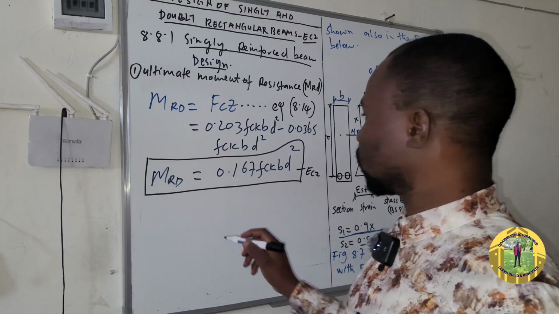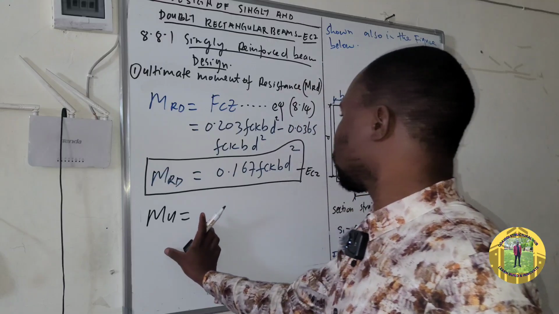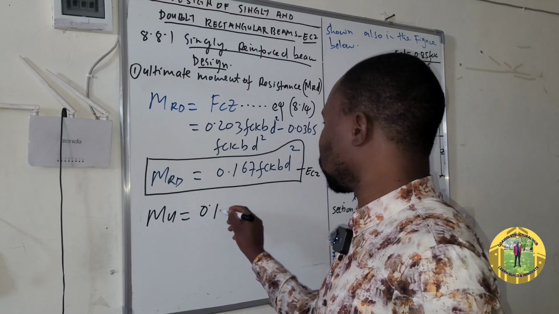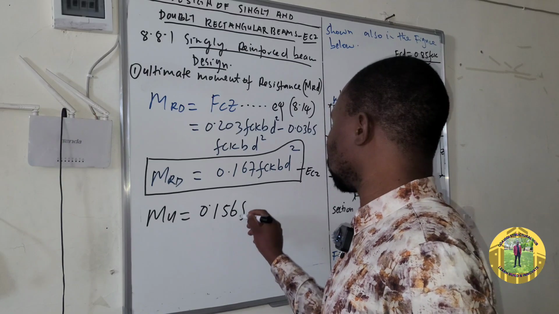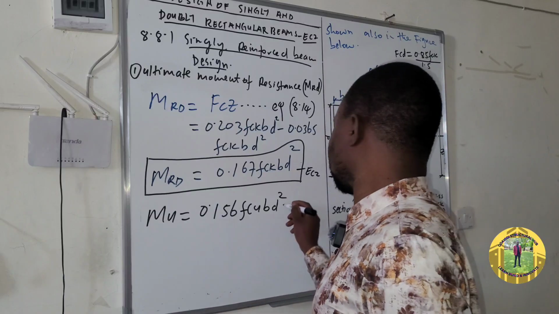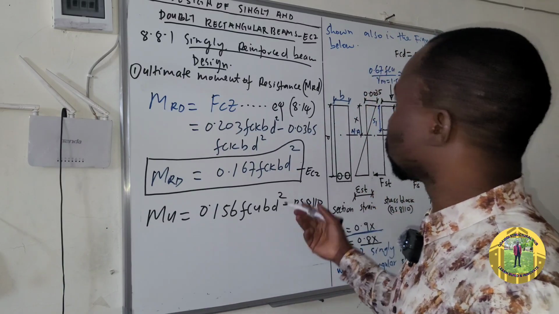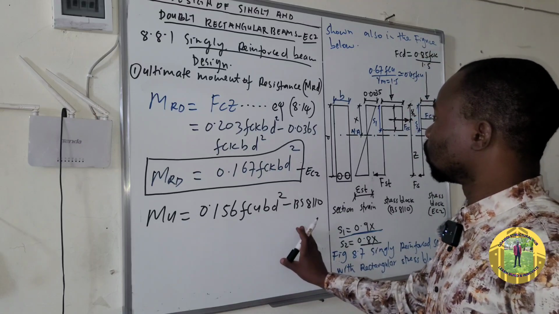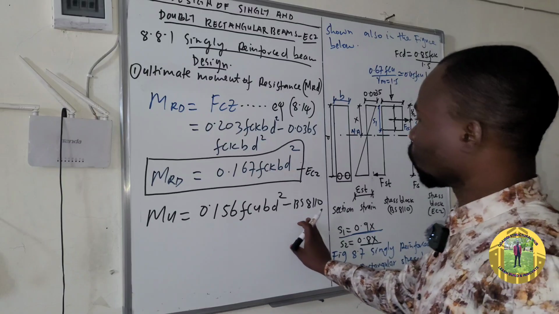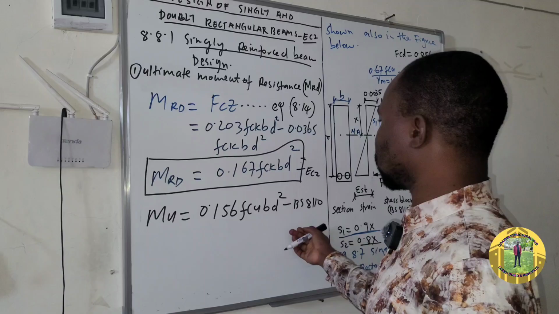And in BS 8110, MU, the moment of resistance, is equal to 0.156 FCU BD square. Remember, we are doing a comparison between Eurocode 2 and BS 8110. So this is the formula used in BS 8110.